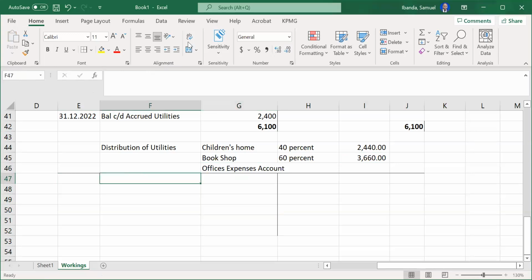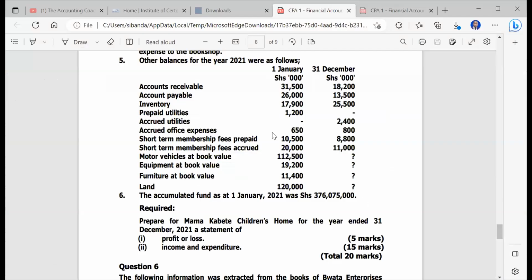So we have accrued. Since this is accrued, these are liabilities. The balancing figure will be on the credit side.